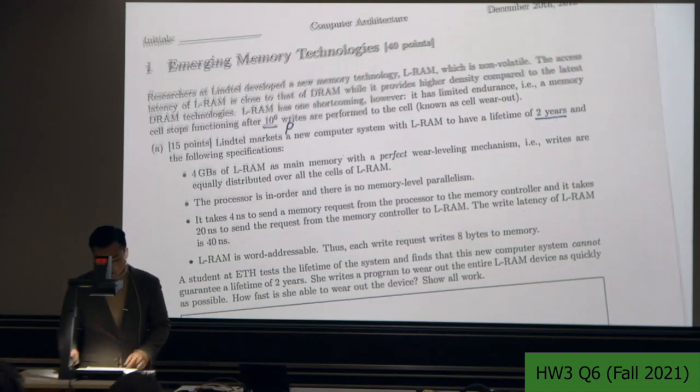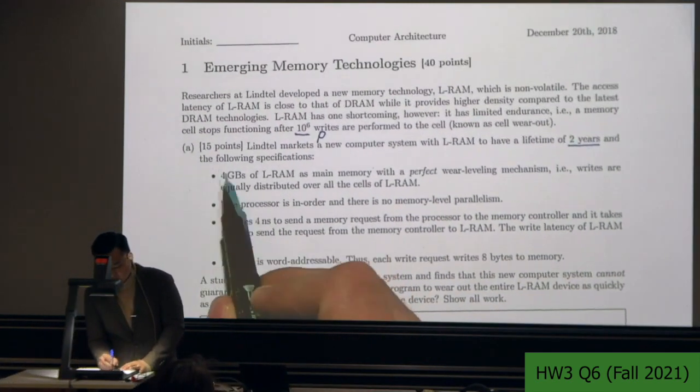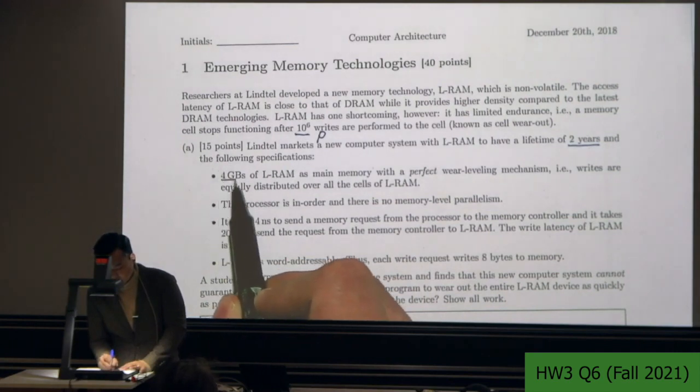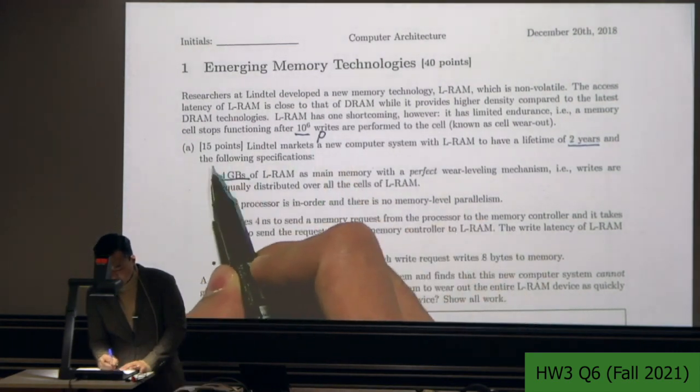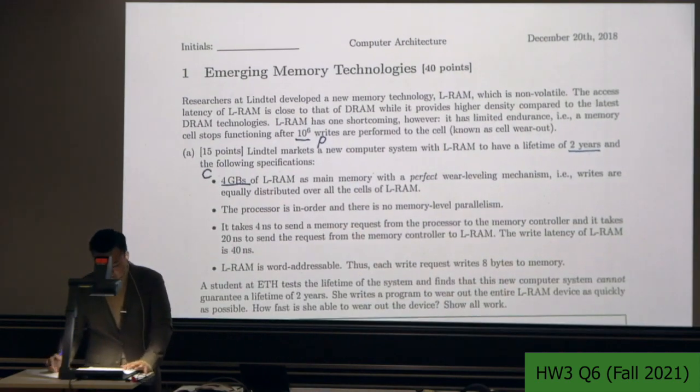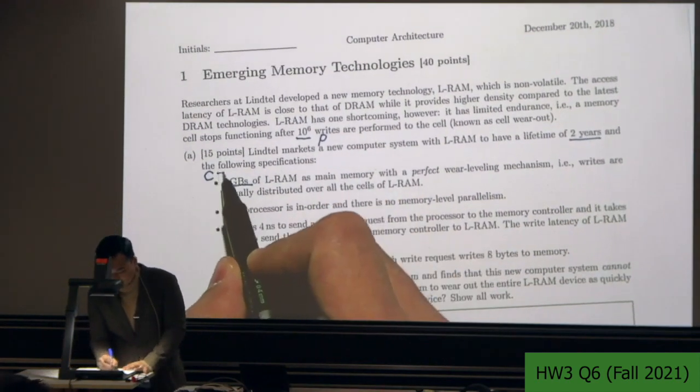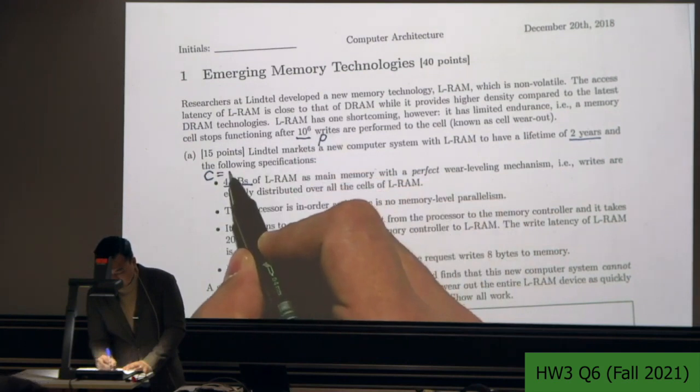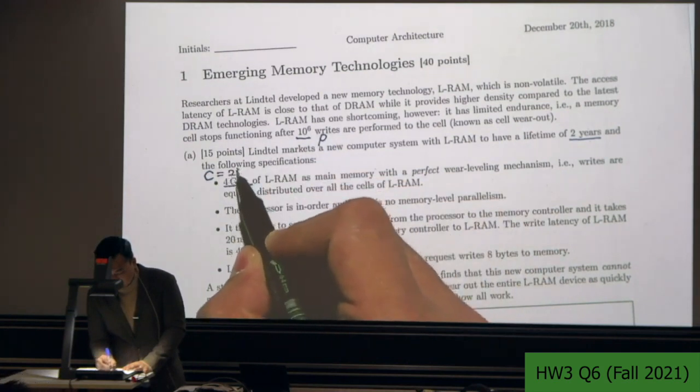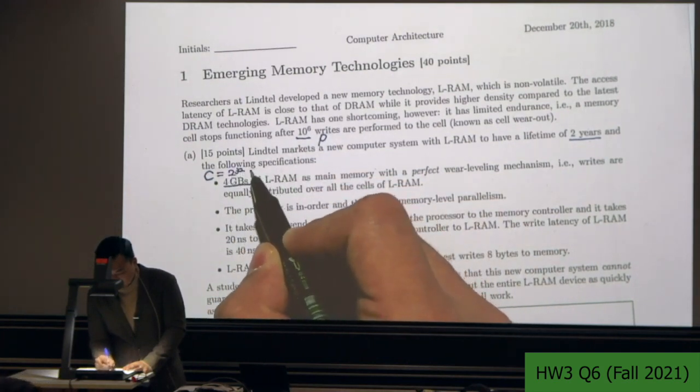Okay, so this value is also important. This is capacity. Let me put this as C. Yeah, C is 4 gigabytes. It means 2 to the 32 bytes.